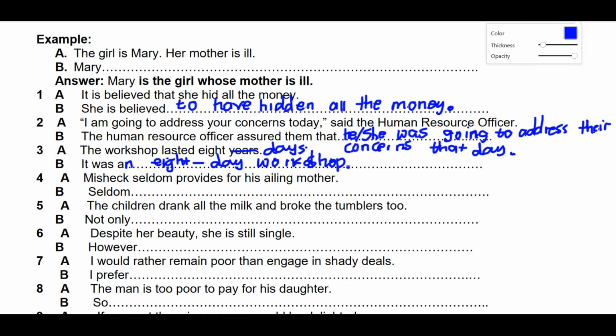Then we say seldom does Meshach provide for his ailing mother.